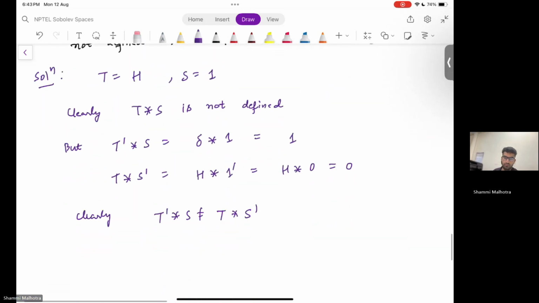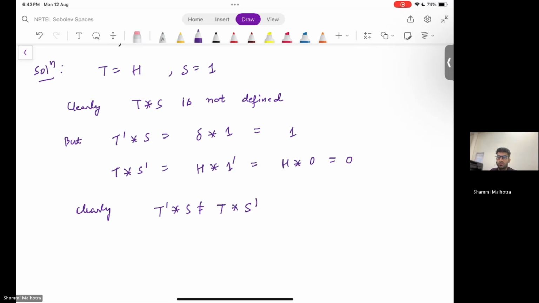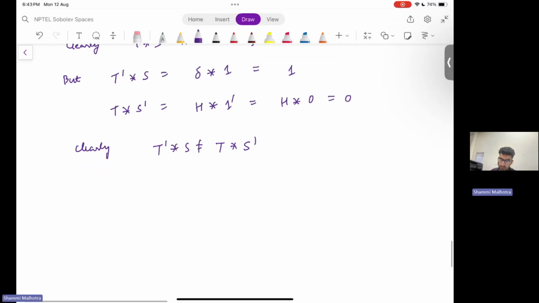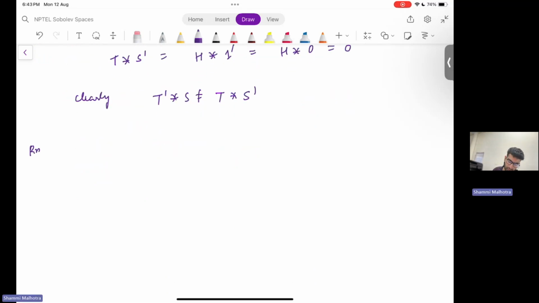One more thing which you would like to see is a remark: the derivative of T convolution S is equal to T dash convolved with S, or T convolved with S dash.